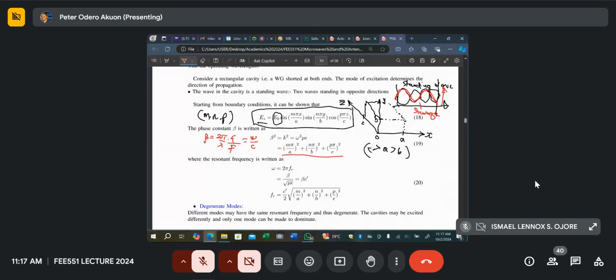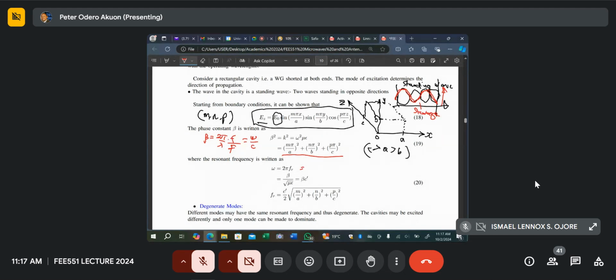And now we can write the resonant frequency, because we know omega is 2 pi f. So fr, we can redefine now fr to be, because we know beta is omega over c, so omega is equal to beta times c.